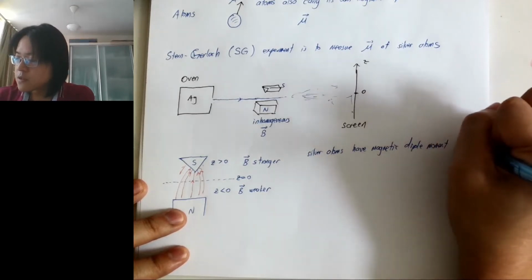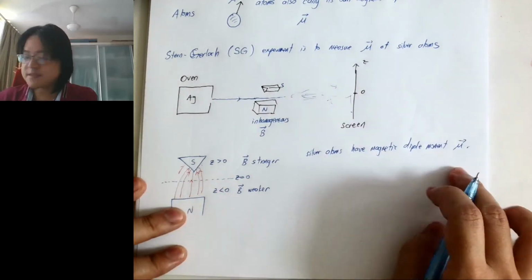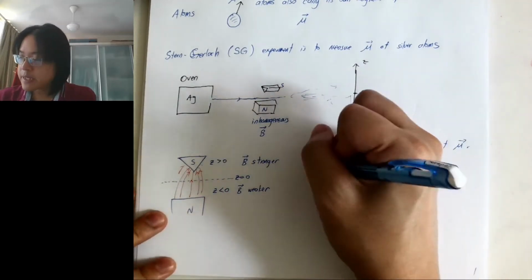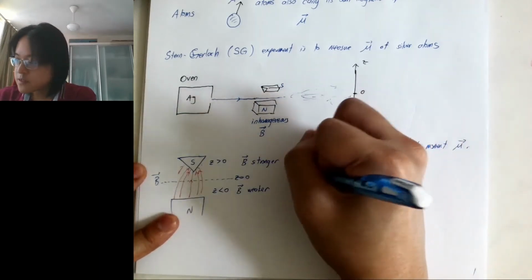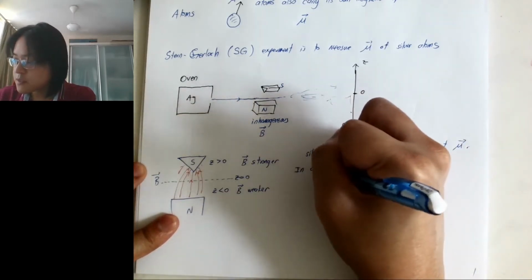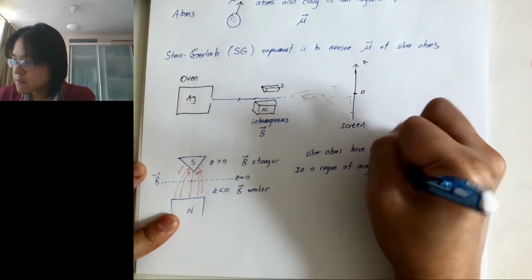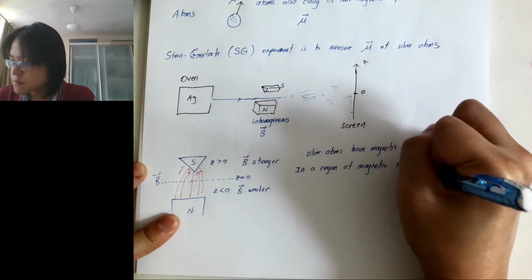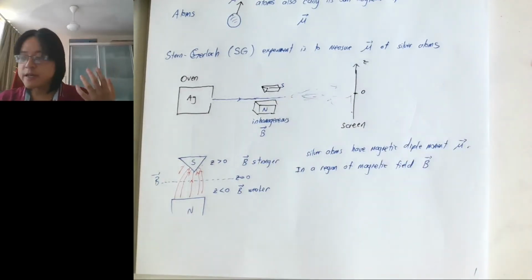So this is just a statement to remind you: inside a region of some magnetic field B, the atom is going to experience a potential energy.